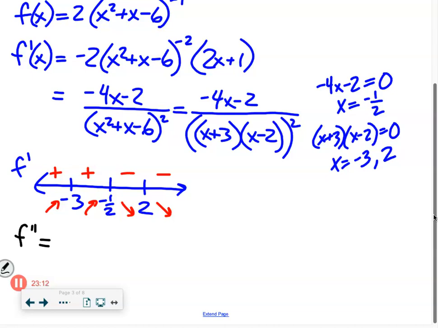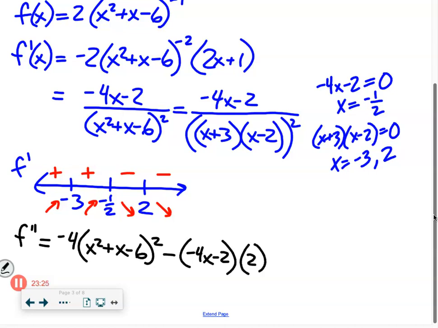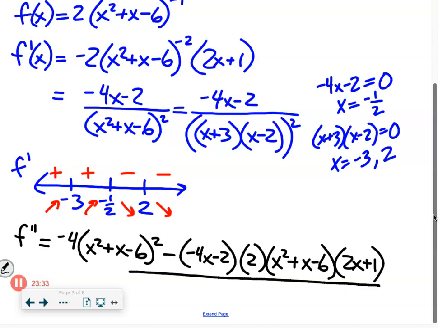All right, so d the top, -4, times the bottom, minus the top times d the bottom, which is 2 times x squared plus x minus 6 to the first times 2x plus 1, all over the bottom squared.